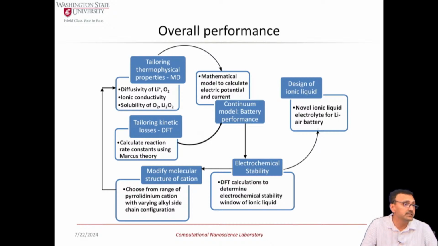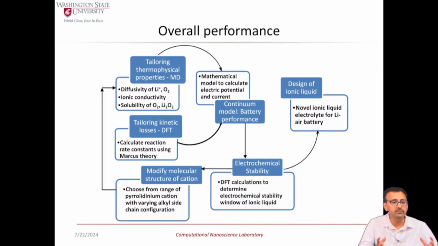So, as you will see in this example, we try to identify certain types of electrolytes known as ionic liquids using a wide range of approaches, where some of these work at certain length scales. For example, density functional theory was used to capture electron transfer reactions happening at interfaces, for which you have to apply quantum mechanics level theory. Two, capturing thermophysical properties of these electrolytes such as ionic conductivity or their ability to dissolve and diffuse lithium ions, which can be captured using molecular dynamics simulations.